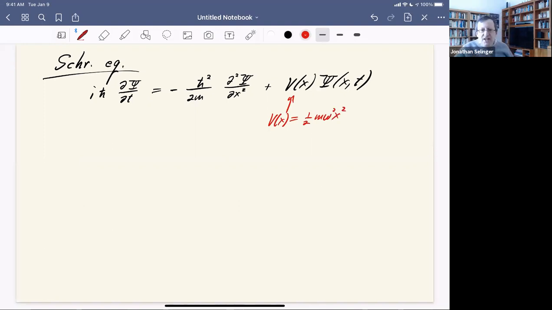Okay, so this is the partial differential equation that we want to solve.